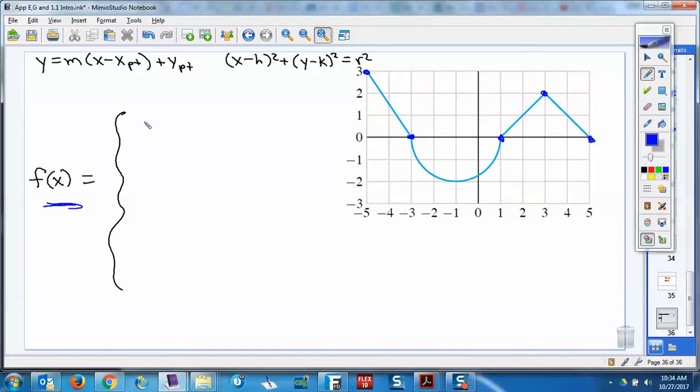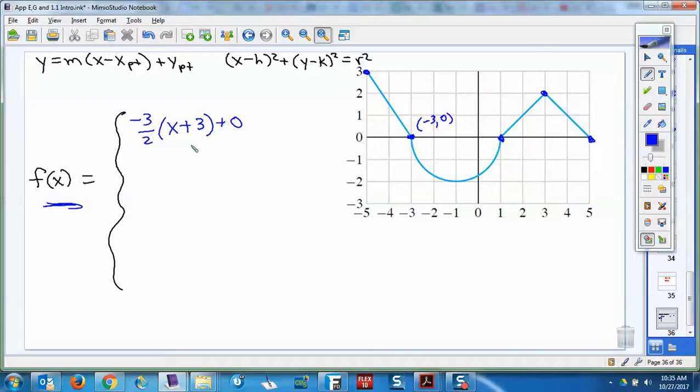-3/2. So I already got my y equals, so I'll put -3/2, parentheses, x minus, now I need a point. Let's do this point right here. That's easy. -3, 0. So x, that turned into +3, parentheses, +0. You don't need the +0, but I'll put it for effect so we understand it. That's plus my y point.